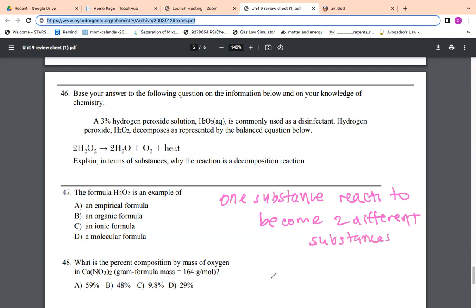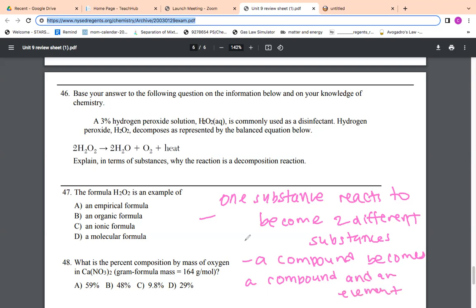This is a fine answer. You can also say that a compound becomes a smaller compound, basically, or just becomes a compound and an element. So it's breaking down. So those would both be acceptable answers.